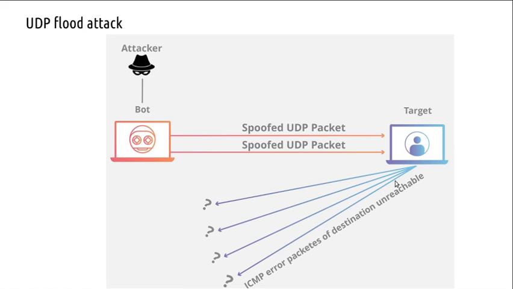After a while, the target itself will run out of resources and won't be reachable for the remaining users. So this is also a type of DDoS attack, distributed denial of service attack.